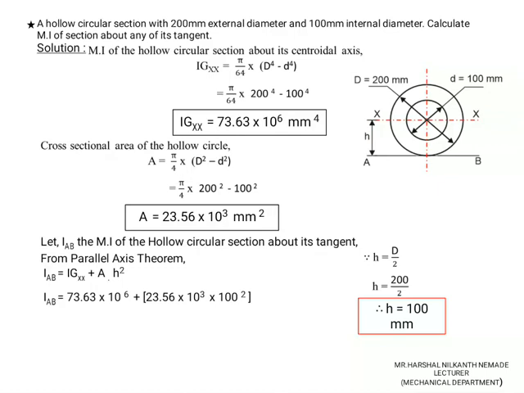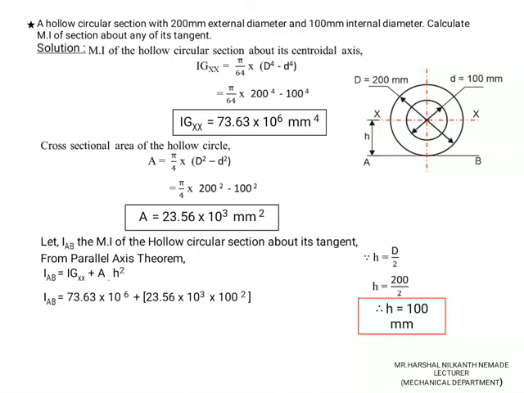Let IAB be the moment of inertia of the hollow circular section about the tangent, from the parallel axis theorem. IAB is equal to IGXX plus A multiplied by h square. IGXX value I got is 73.63 multiplied by 10 raised to 6, plus area value I got, 23.56 multiplied by 10 raised to 3, multiplied by h square. Now h is capital D divided by 2, 200 divided by 2 is equal to 100 mm.